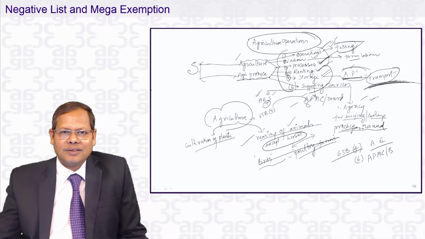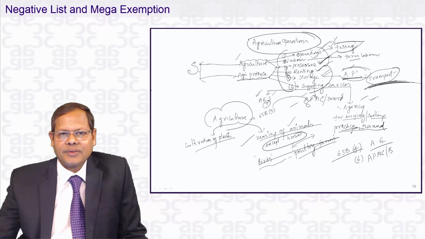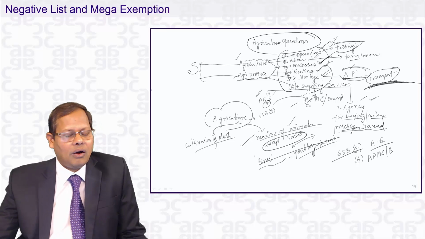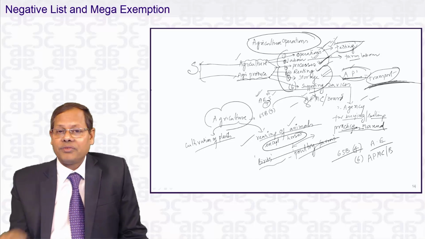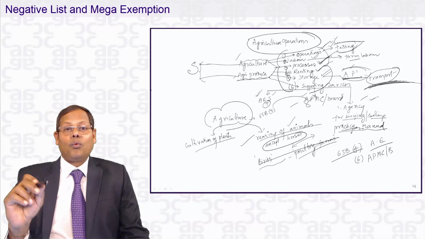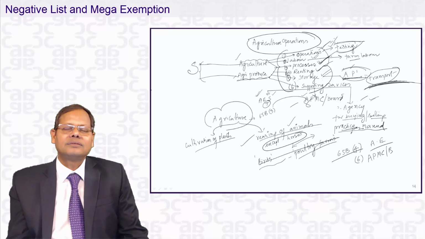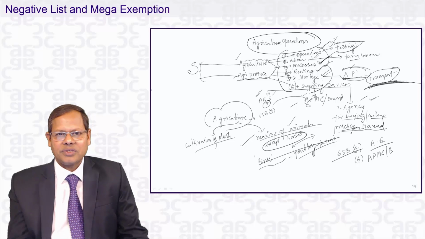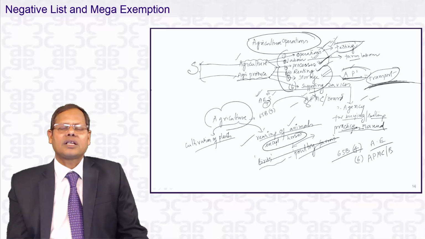Naturally, they have restricted it to primary level operations, primary basic agricultural operations and matters connected therewith. All other things are taxable. This is a positive list of negative services. If you look at government, what is taxable they have given? The list is small, which means all others are under the negative list. Postal services, limited postal services, plus aircraft and vessel related services and transportation services.